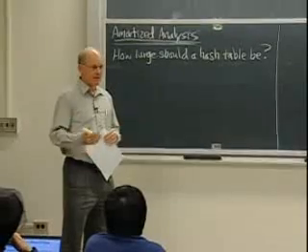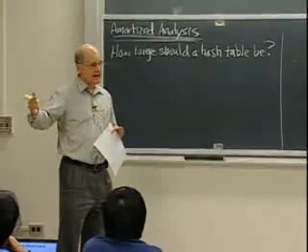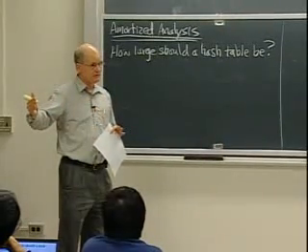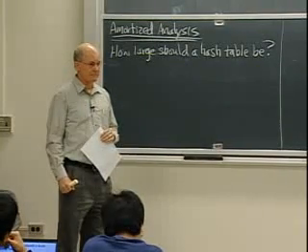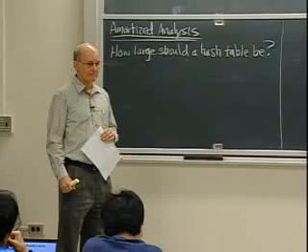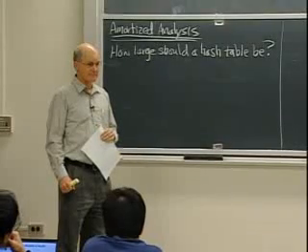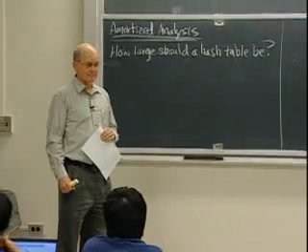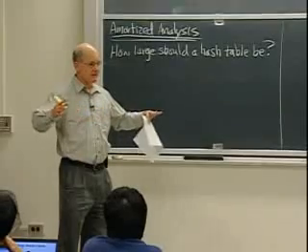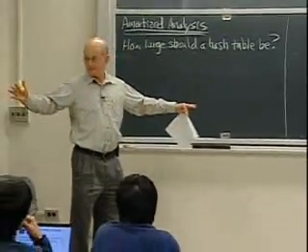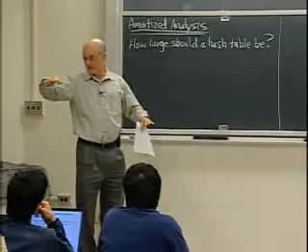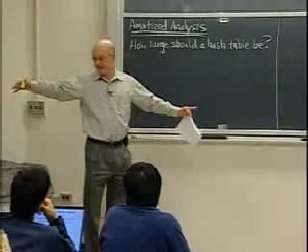Okay? As I increase the size of the hash table, what happens to the search time? What happens to search time as I increase the size of the hash table? Yeah, but what does it in general do? It decreases, right?